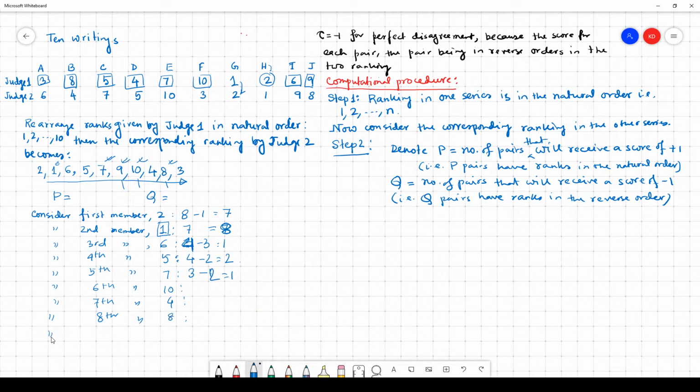And 1, 2, 3, 4, 5, 6, 7. The 7th member is 10. So there is a mistake. The 6th member is 9. The 7th member is 10. Please rectify this.